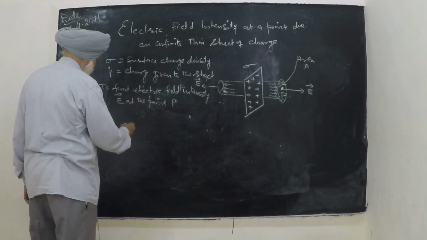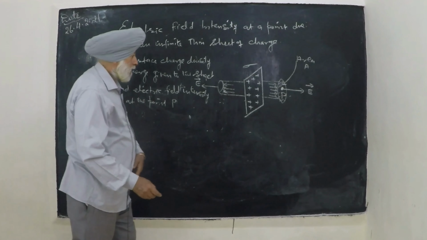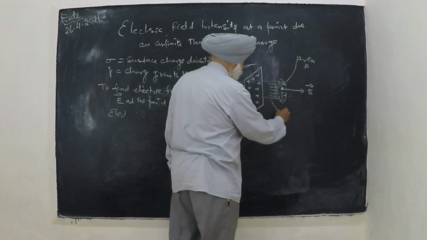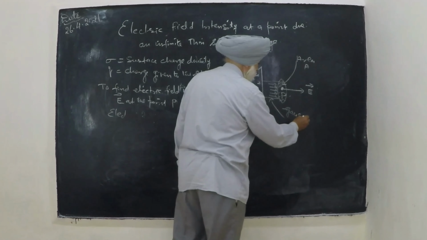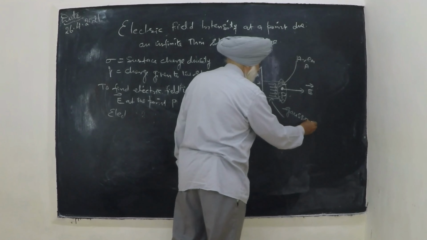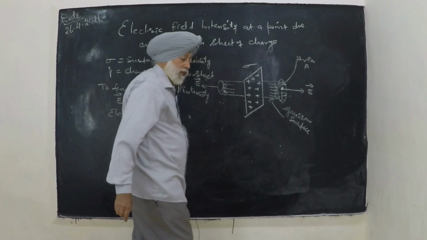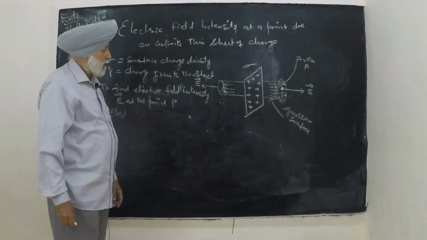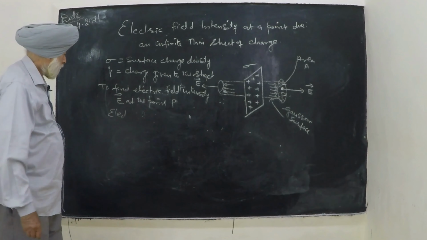So what is the value of the electric flux? This is the Gaussian surface which I have drawn. It is the surface which is drawn around the point P where the electric field intensity is to be calculated.